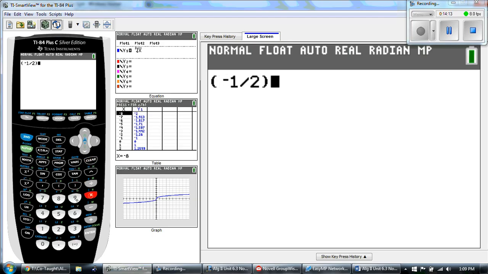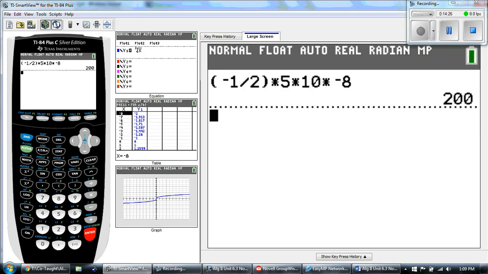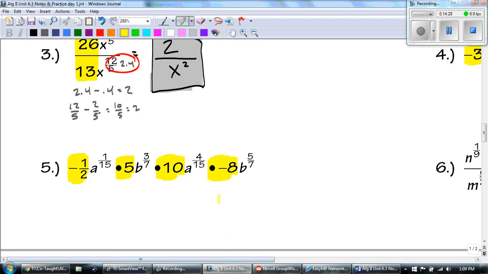Negative 1/2 times 5 times 10 times negative 8, right? And you get 200. You know, if you want to try it in your head, you can. 5 times 10 is 50. 50 times 1/2 is 25. 25 times 8. Negative times a negative, you know it's a positive. Okay, so we have 200.